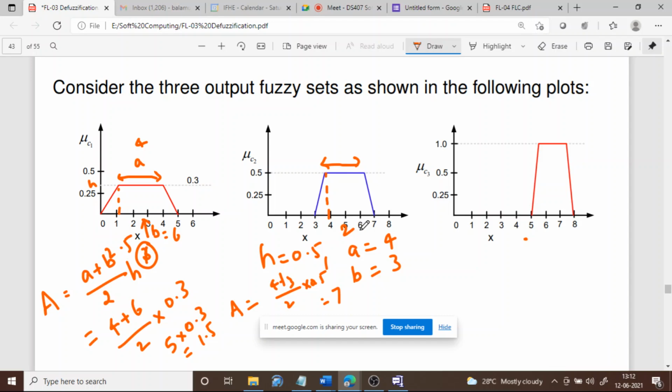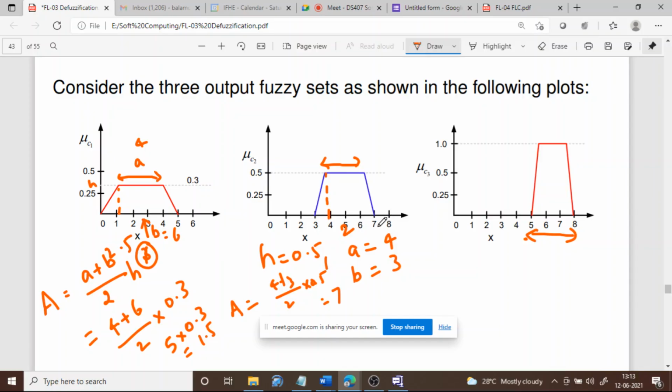Okay. What is the midpoint of this? What is the length of this? 6.5. Yes. Yeah, Rupesh, you are correct. This is starting with 3 and it is going up to 7.